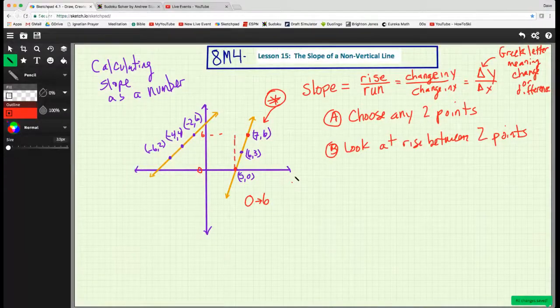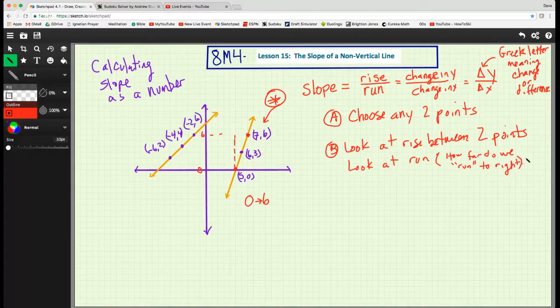And then we're going to look at what we call the run. Another way to say that is how far do we run to the right? We always run to the right.